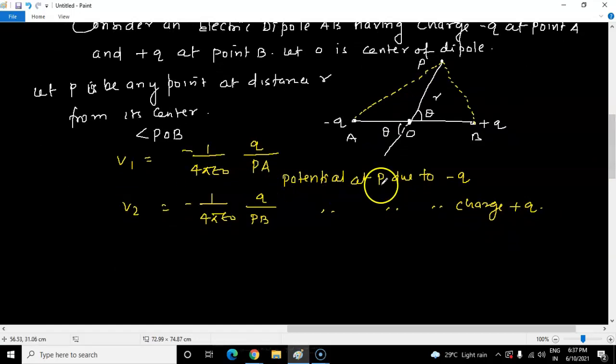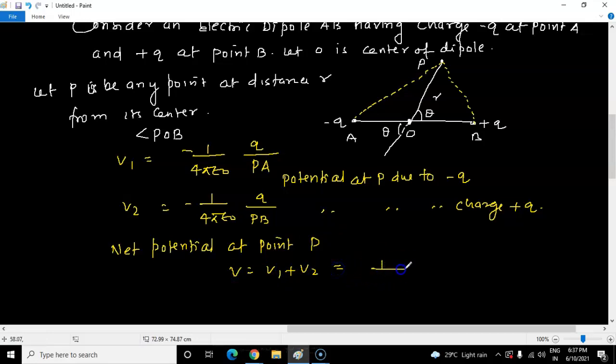So therefore, the net potential at point P is V equals V1 plus V2, like a system of charges. So it is minus 1 by 4 pi epsilon naught Q by PA, plus, minus becomes plus here, 1 by 4 pi epsilon naught Q by PB.